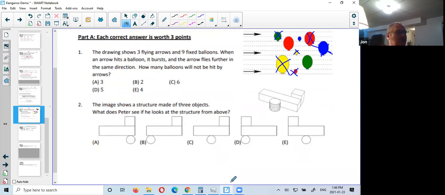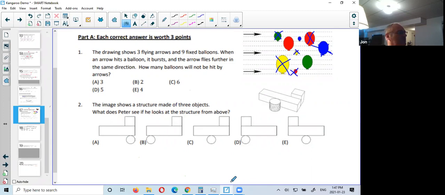This one says, what happens if you look from the top? If you look from the top, what will you see on the top view of that? It's C. Whoever said it, it's C. Peter? Okay.